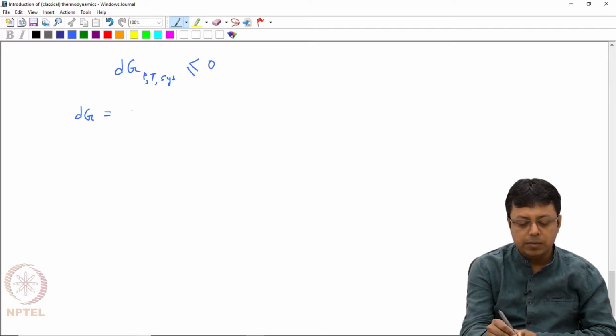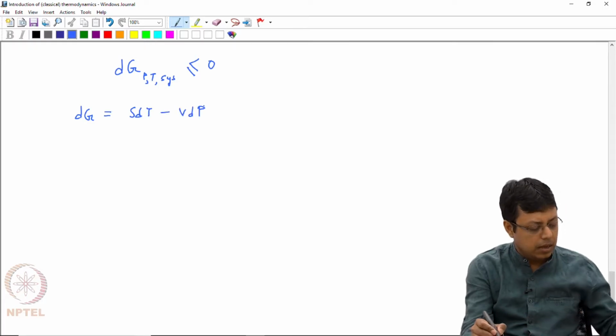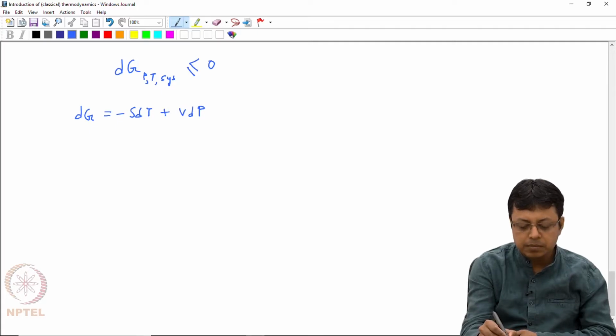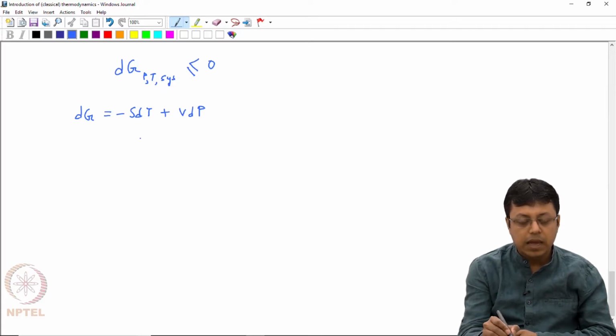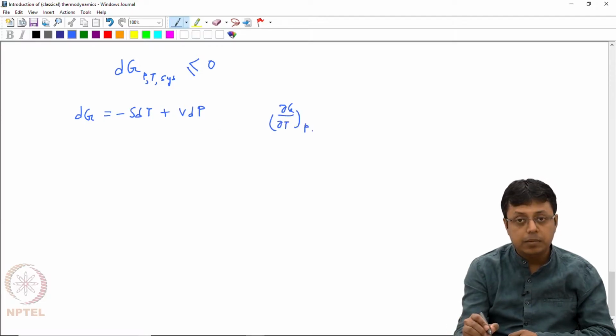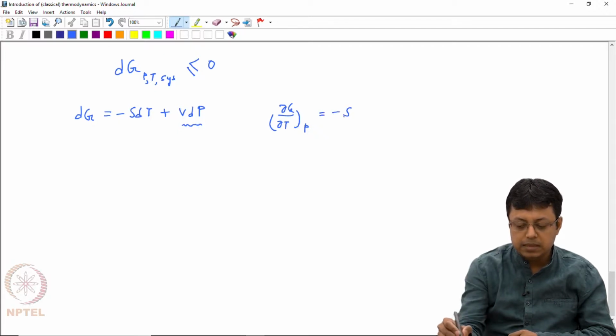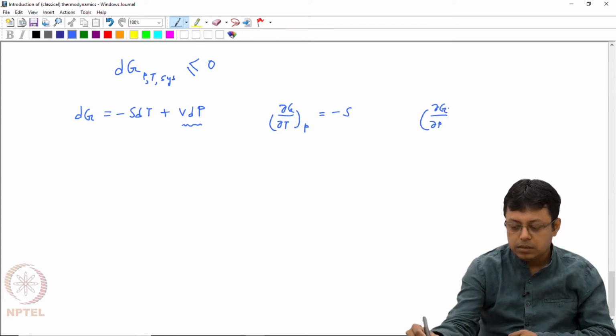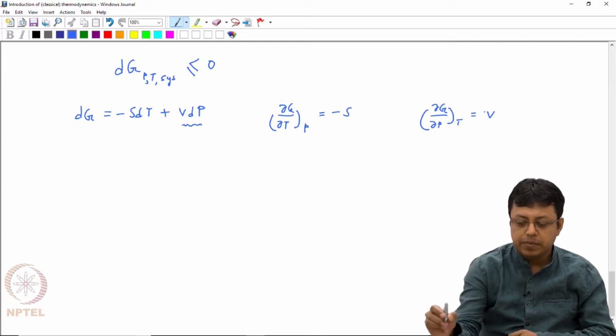So dG will be minus SdT plus VdP, and then we can very easily see that del G del T at constant P, if I keep the pressure constant, so this term goes to 0, that will be nothing but minus S, and similarly del G del P at constant T is V. Now, what are the implications of this equation?